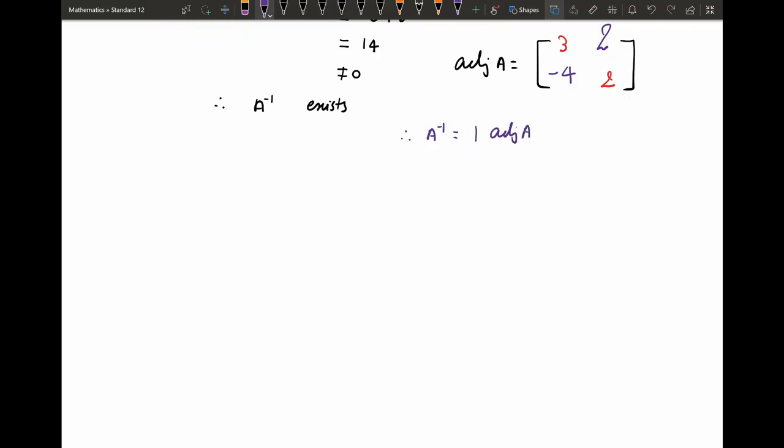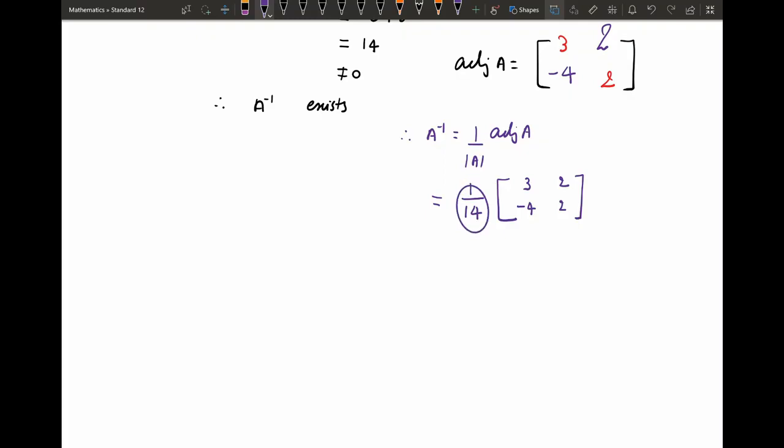And therefore now by the formula, A inverse is adjoint A upon determinant A. So 1 upon 14 into adjoint A, 3 2, minus 4 2. Now multiply each entry by 1 upon 14.